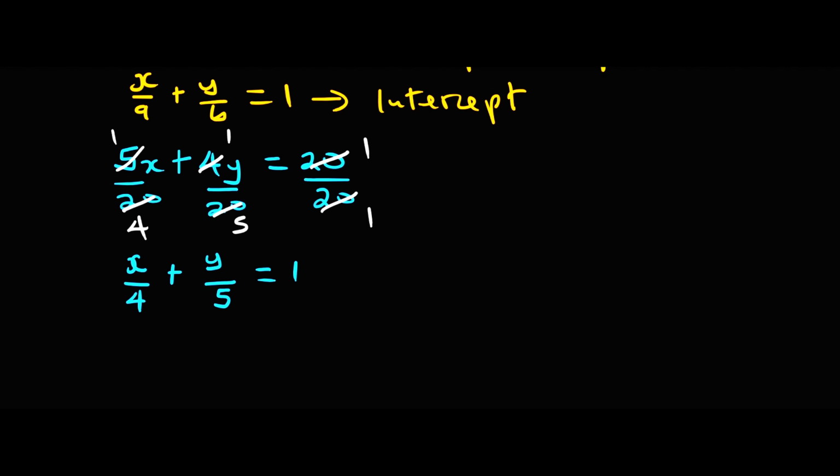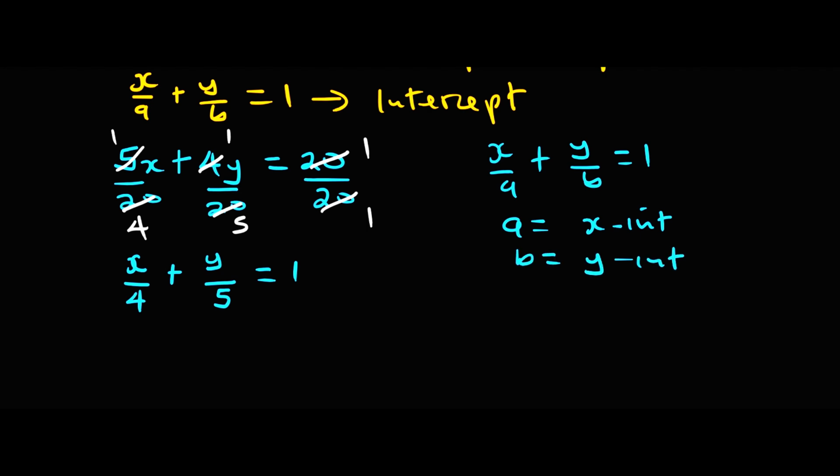Remember, the intercept form of an equation like this is written as x over a plus y over b is equal to 1. You can get the intercepts as follows. You will find a is actually the x intercept, and b is the y intercept.